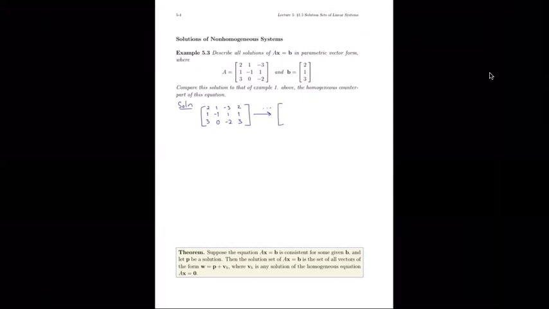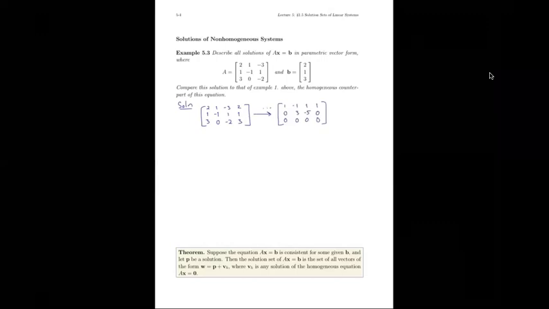an echelon form matrix that looks like this: 1, -1, 1, 1, 0, 3, -5, 0, and then a row of zeros below that. It's just a couple row operations away, 3 row operations to be exact, to get to here.